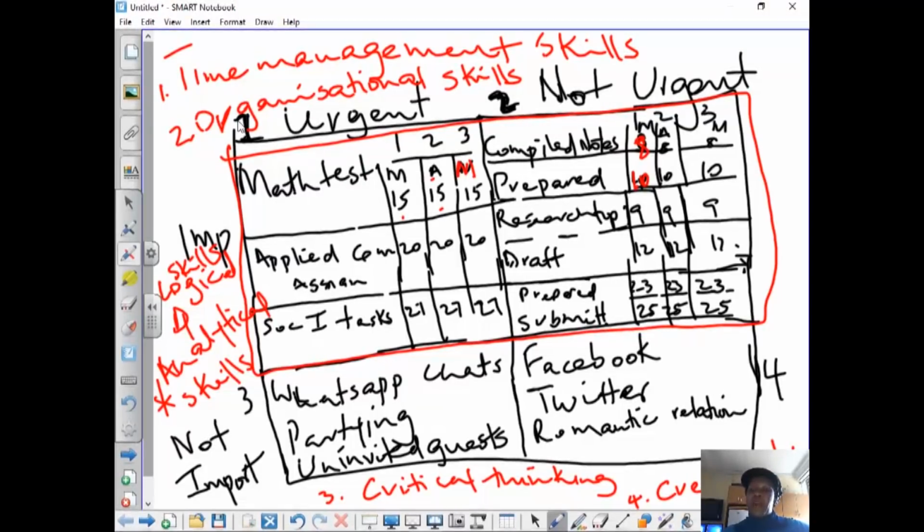In April, by the 8th, you would have compiled your notes for Maths 2, and by the 10th of April you'd be prepared for the 15th of April. The order goes on. This means that you are a logical thinker.